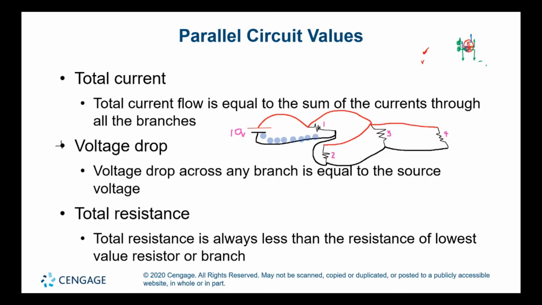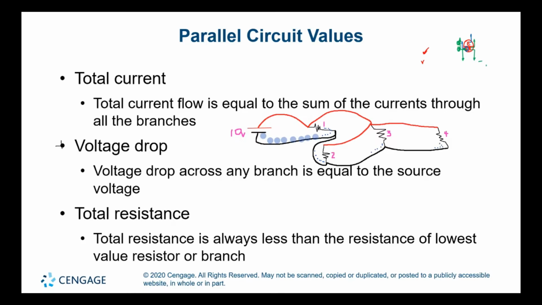Now each individual component is going to take some amps, but this resistor is completely independent from this other resistor here. This one is taking its own amps, and this one is taking its own amps.